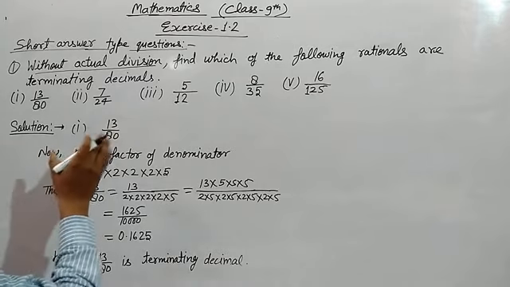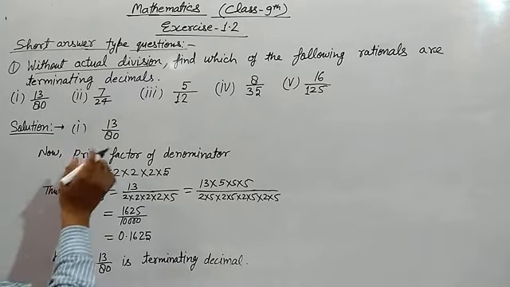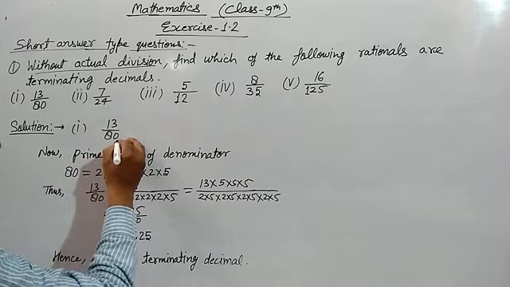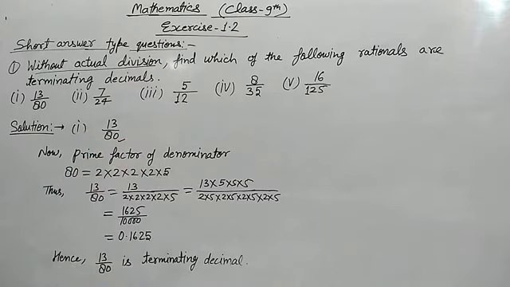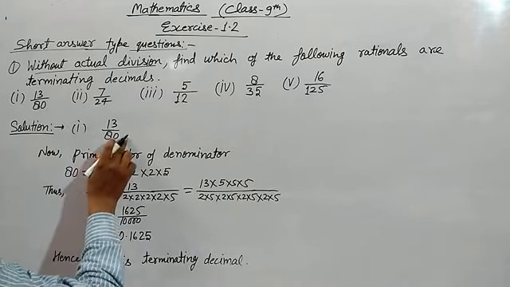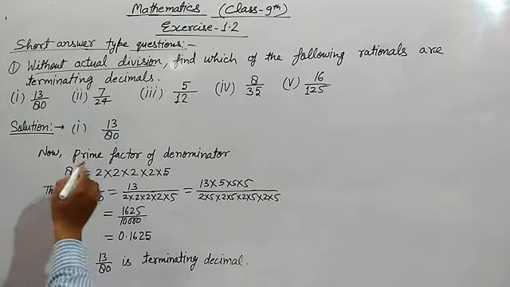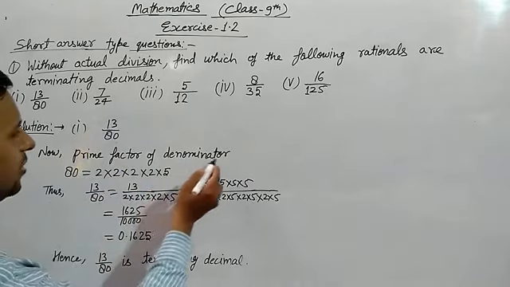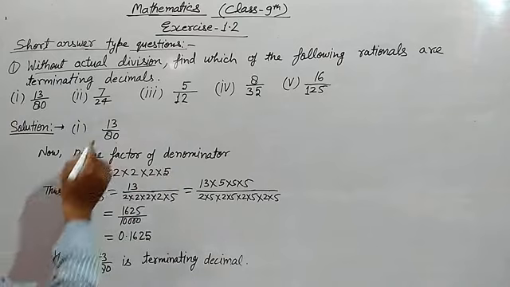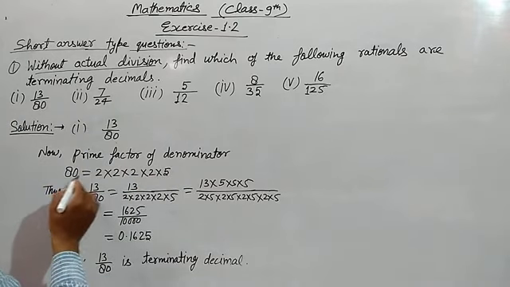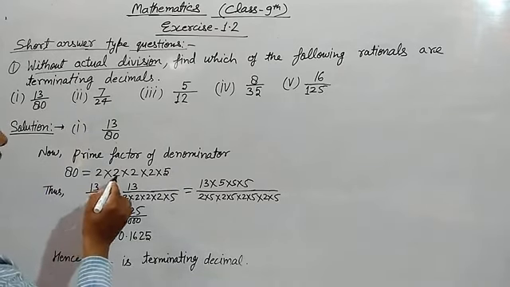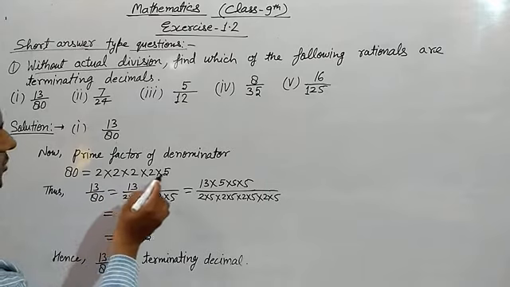First of all we have to take the denominator. In this part 80 is our denominator, so we have to find its factors. We write the prime factors of the denominator: 80 is equal to 2 into 2 into 2 into 2 into 5.